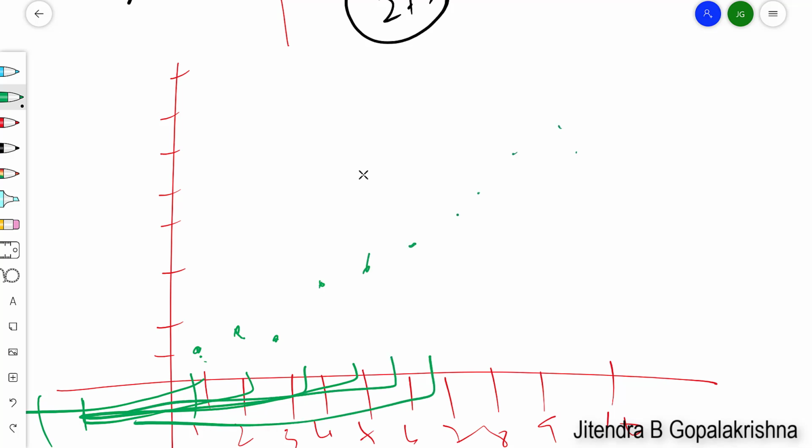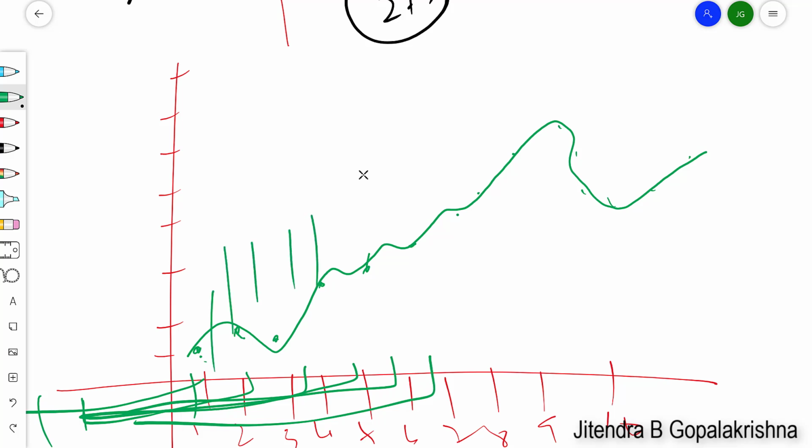I keep getting points and I join them. Once I join that, I get a simple moving average curve. And the price will be somewhere here, wherever the price is. Candlesticks will be there, so on top of the candlesticks, we can plot this.